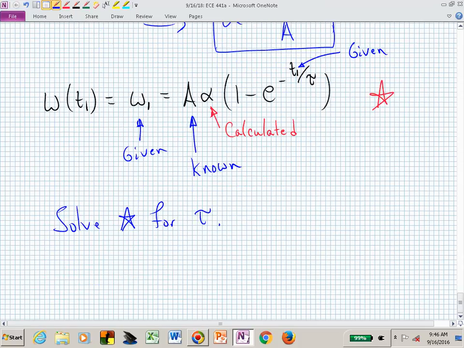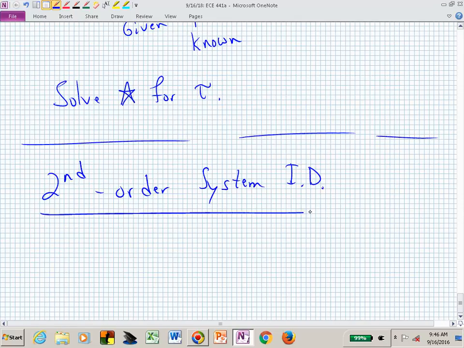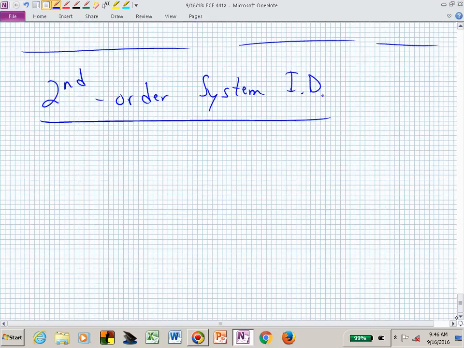That means we're ready for doubling the fun. We're now going into second order system identification. And before we jump headfirst into this, why don't we do a little bit of a review since we were so successful with that earlier.